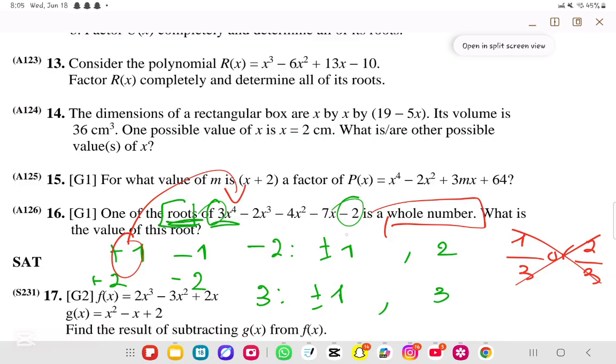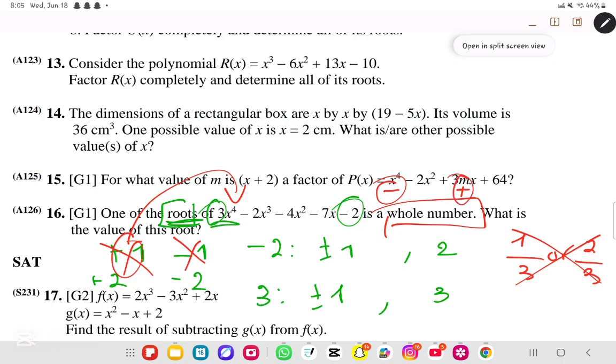You will get a negative answer, so for sure it's not a root. Then let us see what will happen if we substitute minus 1. You will also get a positive number, which is not 0. As we need to find 0, that means this is not a root.